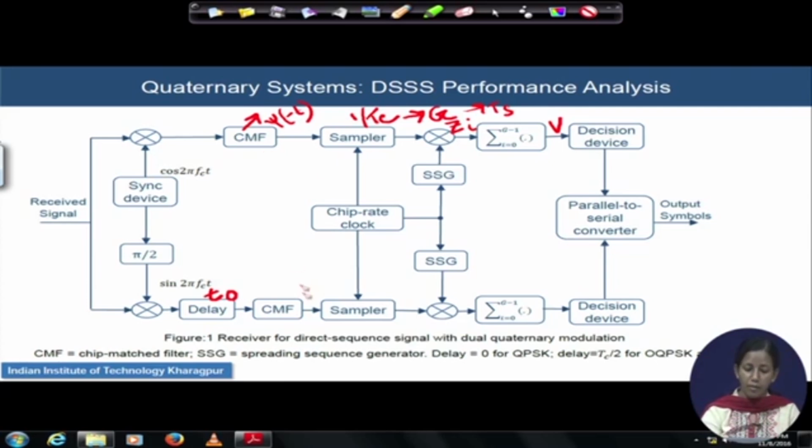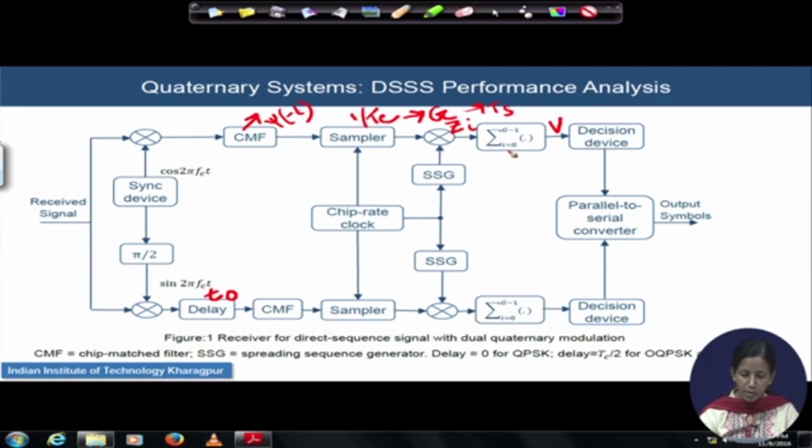To bring both of them in sync, you have to introduce another delay of T0, and then you do the matched filtering. The sampler does the same job as the earlier one. Remember, from here onwards, as you have delayed the other carrier by T0 to sync it with the first carrier, the same clock circuit can drive the sampling of both paths, and the same spectrum generating signal can be applied to both of them.